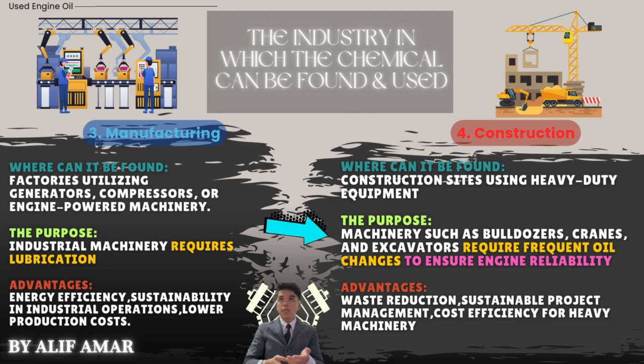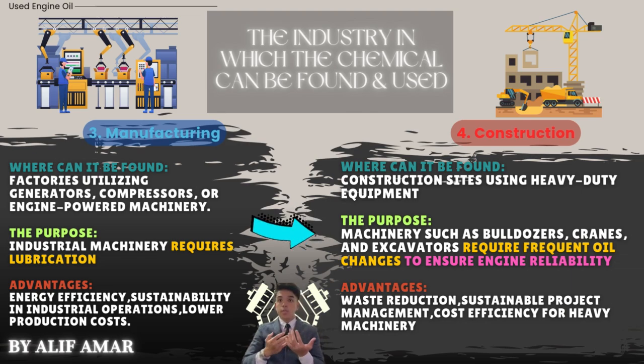Therefore, instead of spending a lot of money on repairs, they can take proactive action by implementing better maintenance for the machinery, for example, by regularly changing the engine oil of the machinery to ensure its lifespan.